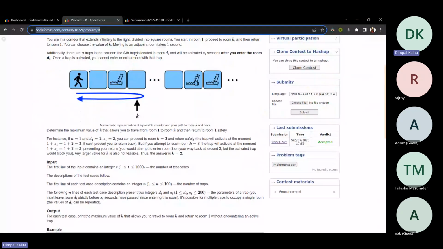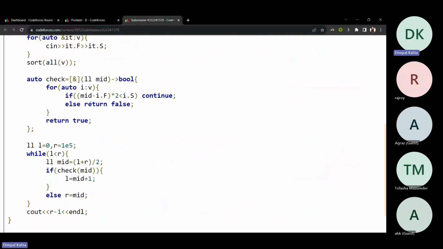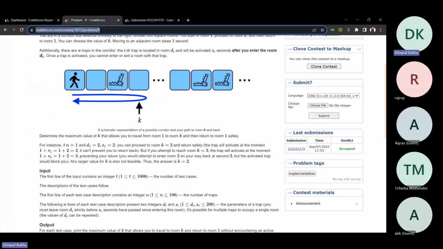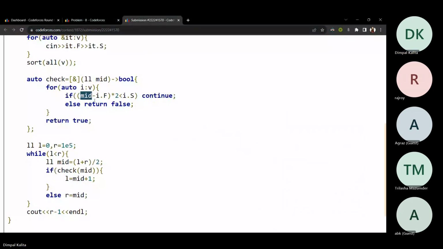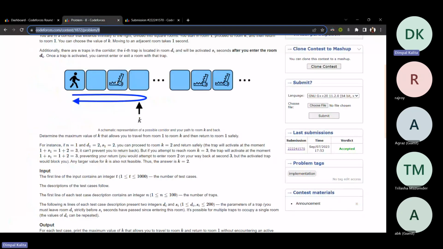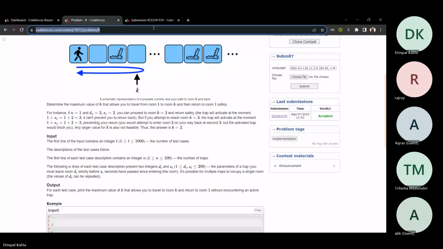Then what will be the answer? Let's see. If I take 2 here, 2 minus 8, that will be, sorry. Let's take a bigger value, around 4 or something.